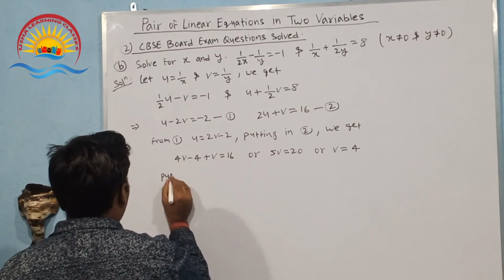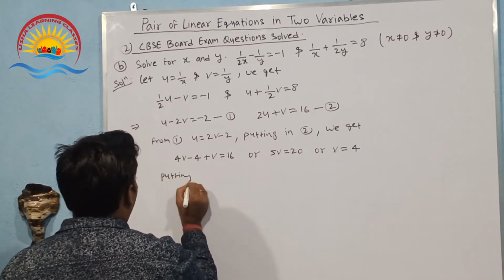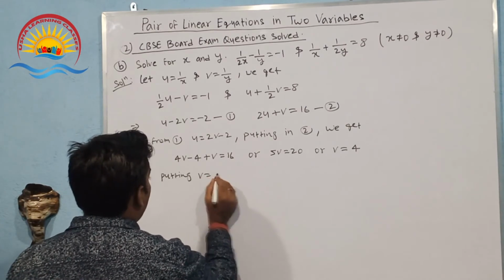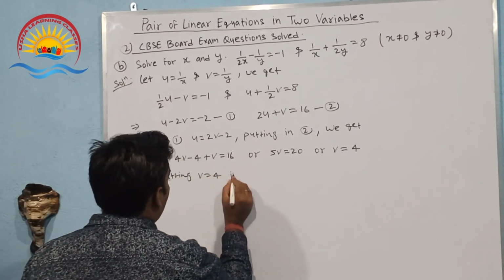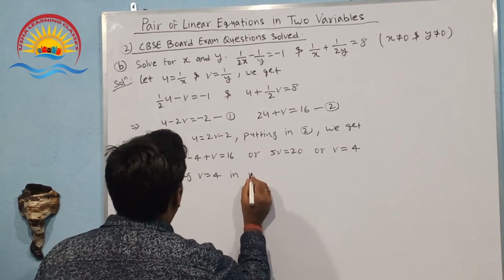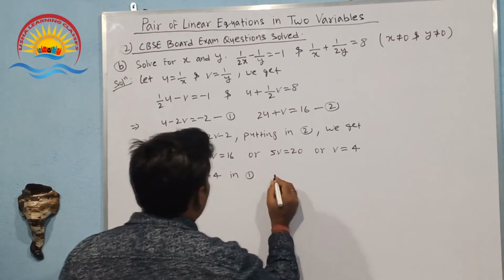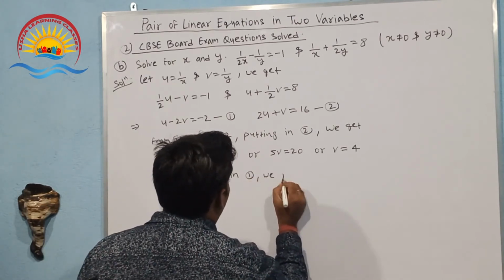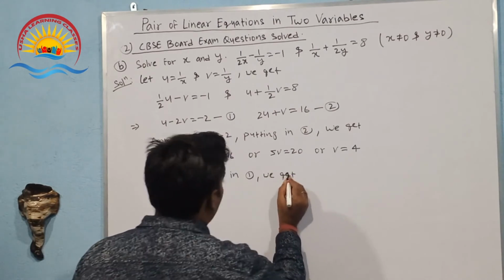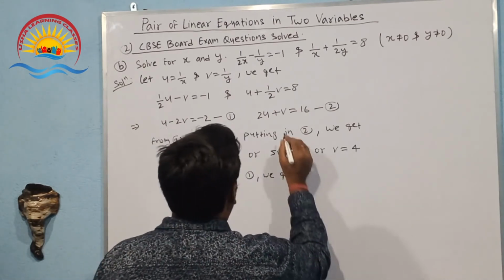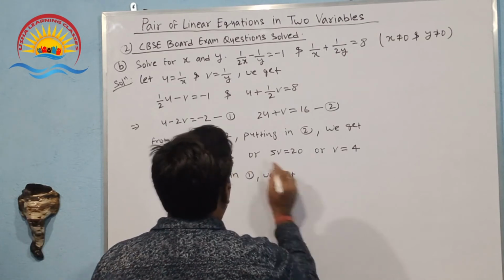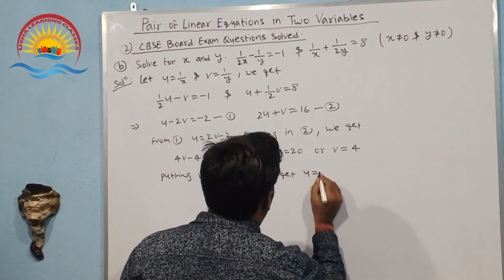Putting v equal to 4 in 1, we get v equal to 4, u equal to 6.